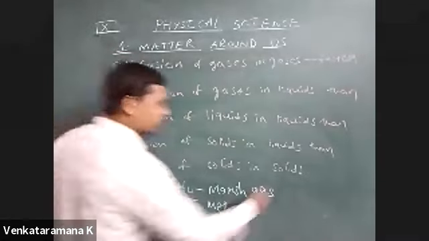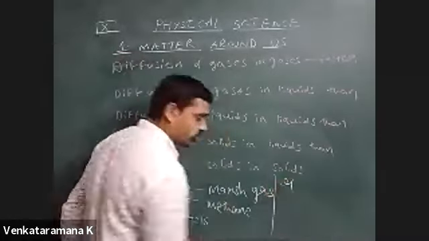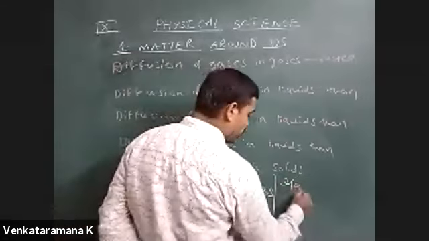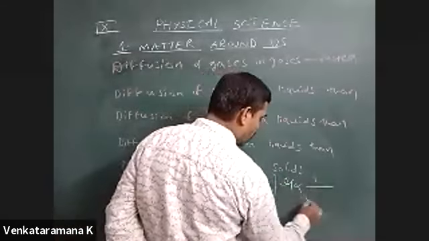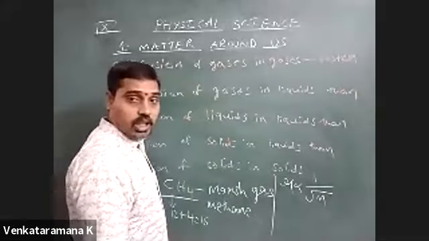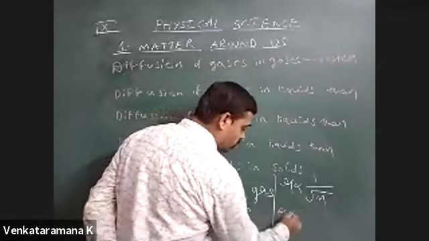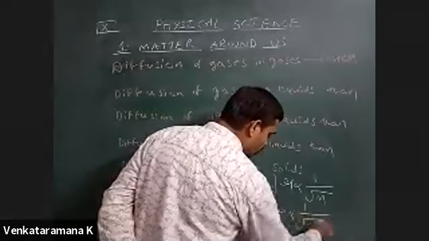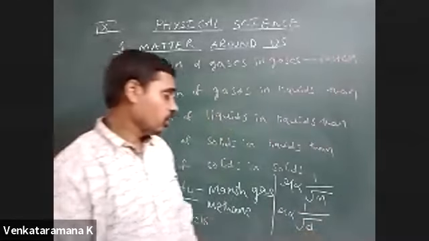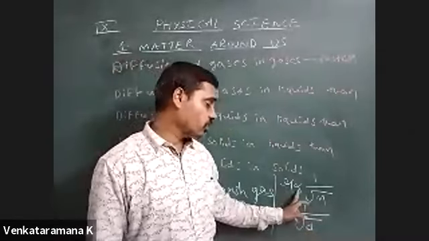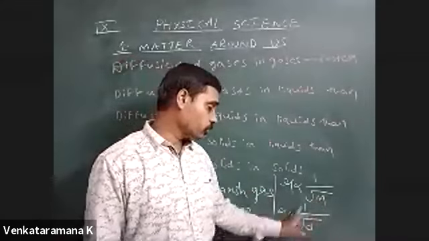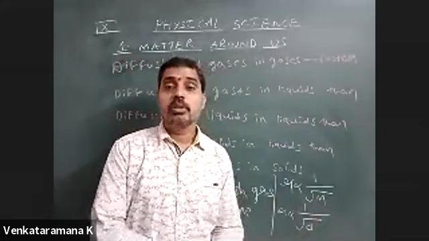If R is the rate of diffusion of a gas, at what speed the gas will diffuse, then it is inversely proportional to the square root of its molecular weight, or inversely proportional to the square root of its density. So the rate of diffusion of gases is inversely proportional to the square root of M, and to the square root of density.